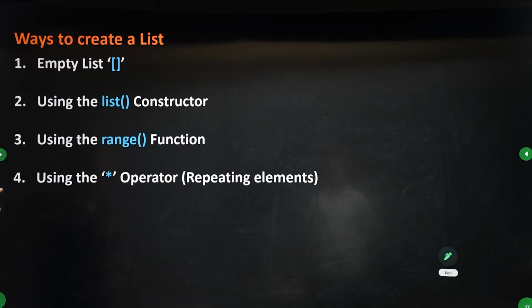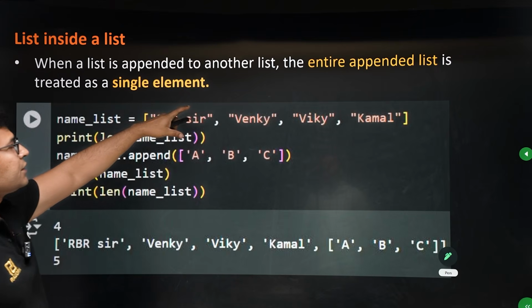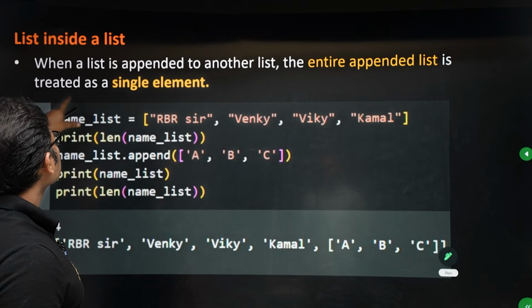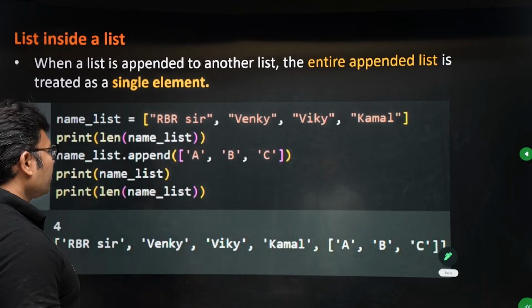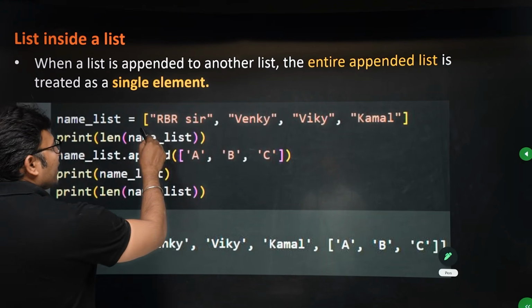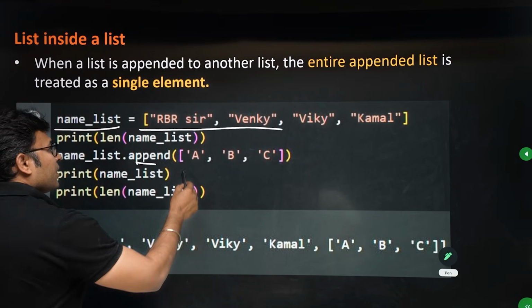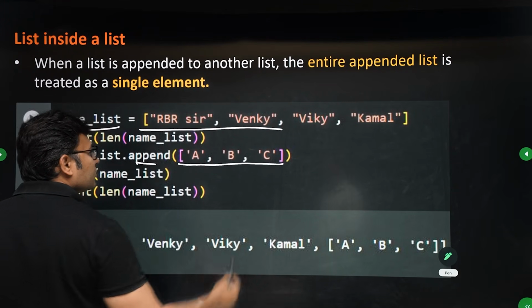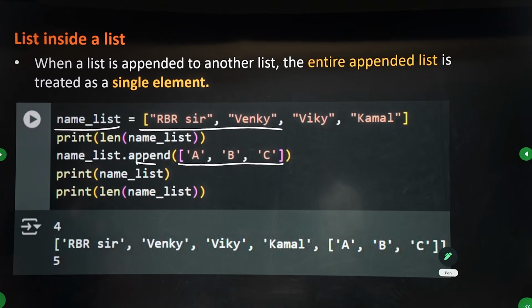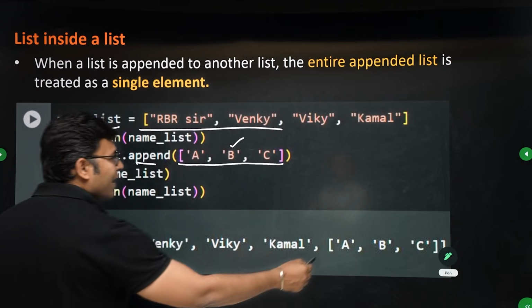But the example that is supposed to be here is when a list is appended to another list, the entire appended list is treated as a single element. So when there is already a list, name list, and if you append one more list ABC, now this entire list is taken as an element and that will be added into the list.